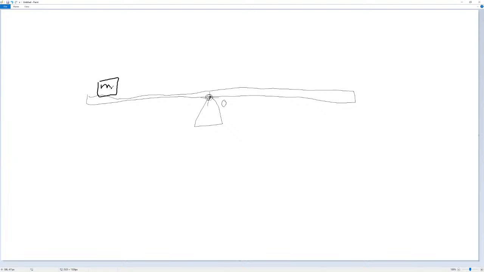Put an M1 body here. Its weight is the force 1. Let's say this is G1. We have to find the position of the action point of the vector. This is R1.